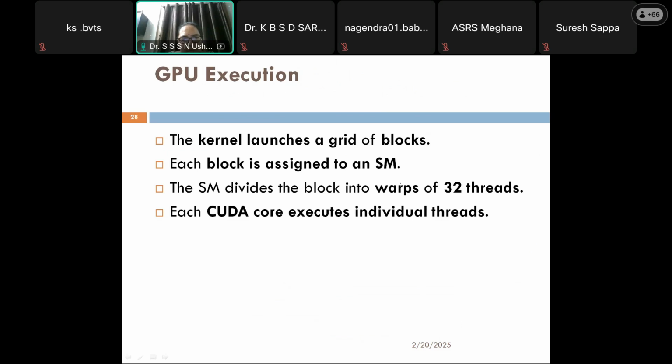Each block is assigned to an SM. The SM divides a block into warps of 32 threads. That is why it is constructed in a hierarchical fashion, so that they can be parallelized. Each CUDA core executes individual threads. We can see this structure in the programming also.